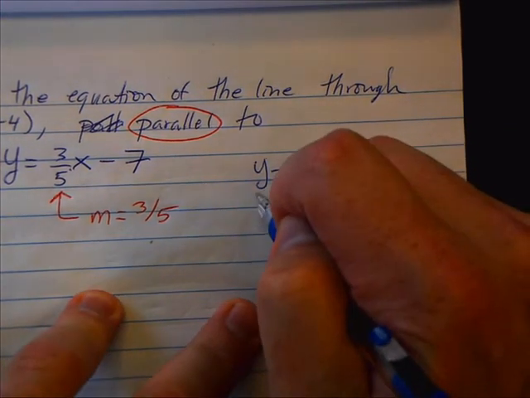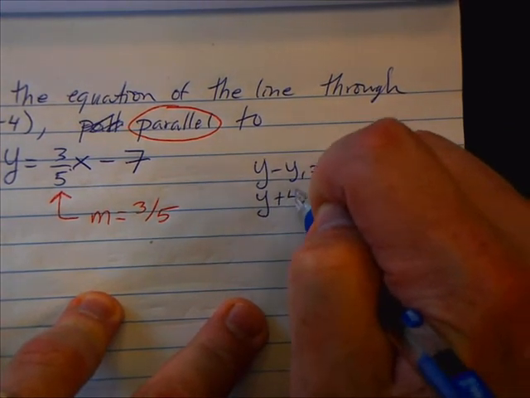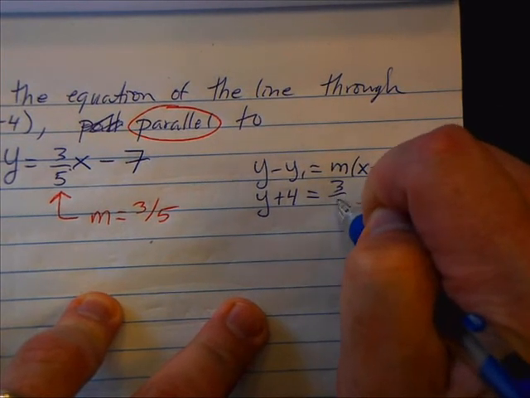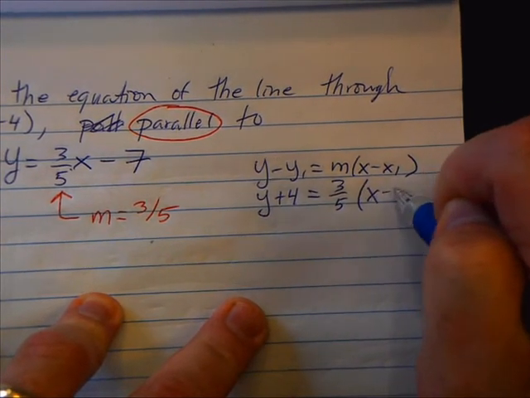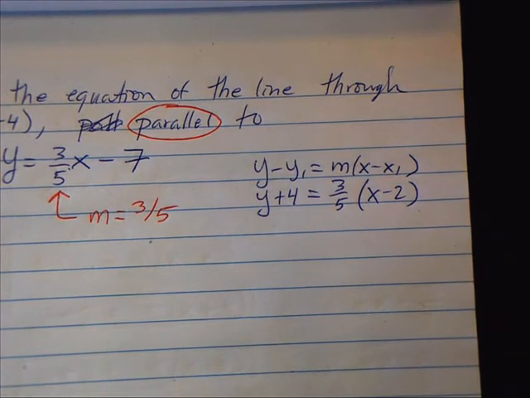So I would write y plus 4 equals 3/5 times x minus 2, and that would be my final answer. I would leave it just like that. Again, I don't see any directions that tell me I need to simplify it. So I don't. I'm lazy. I leave it just like that.